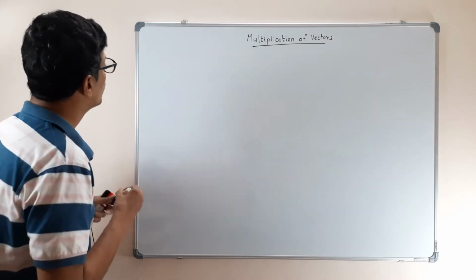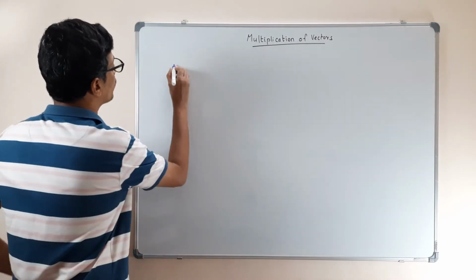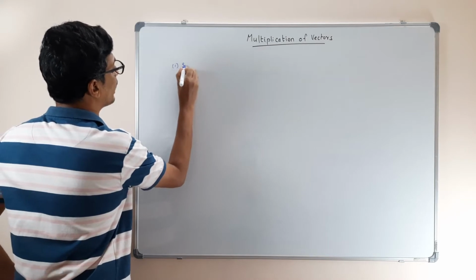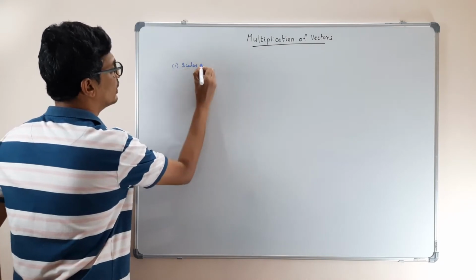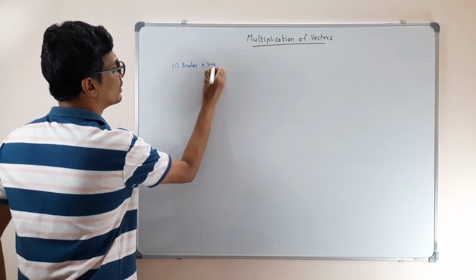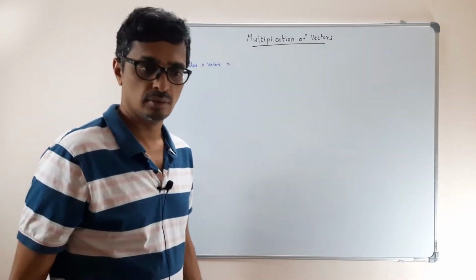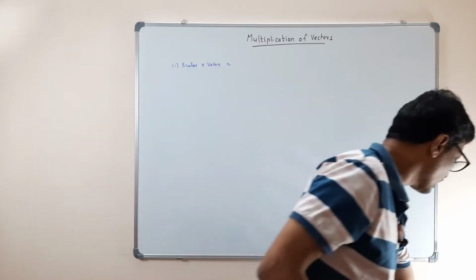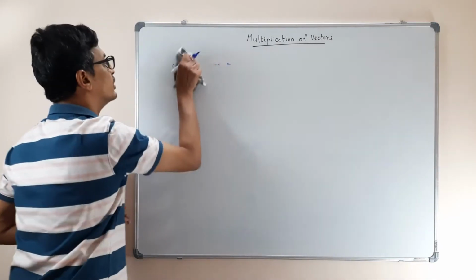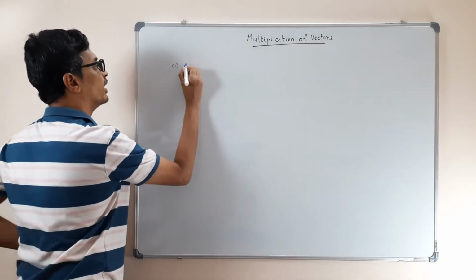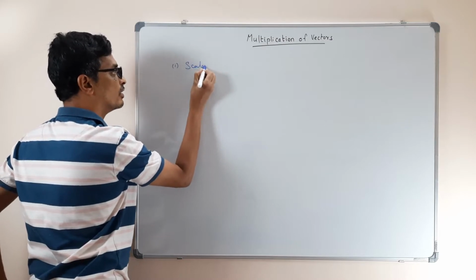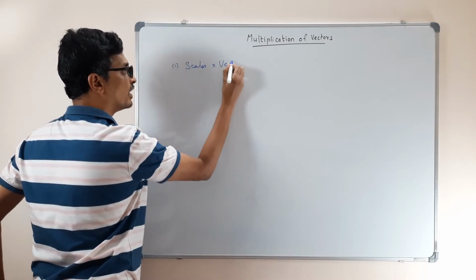The property: multiplication of a scalar into a vector will be what? Scalar into a vector, correct?